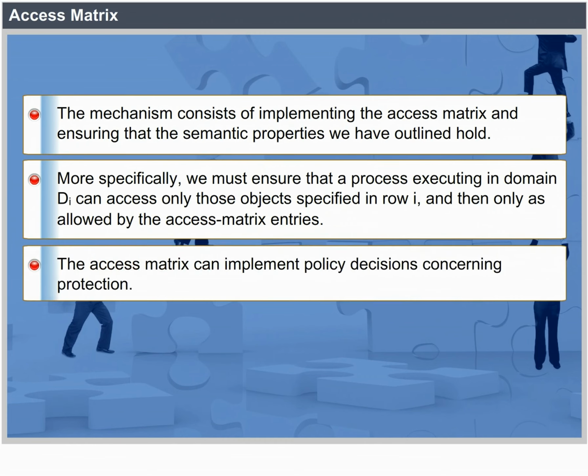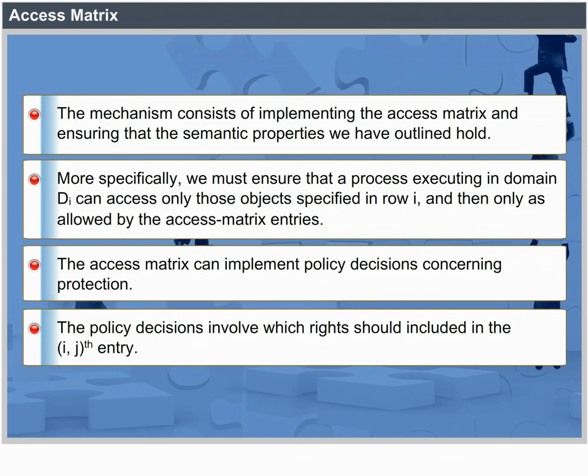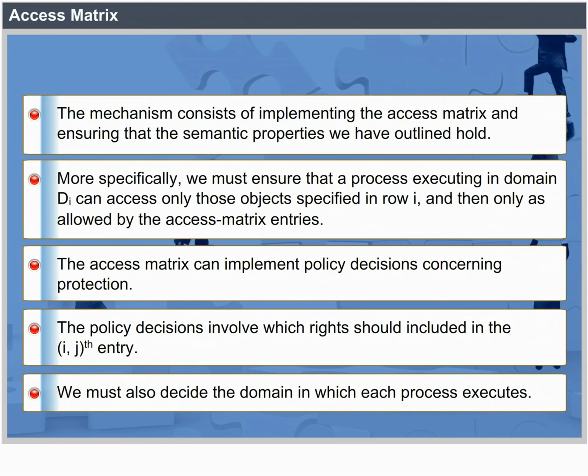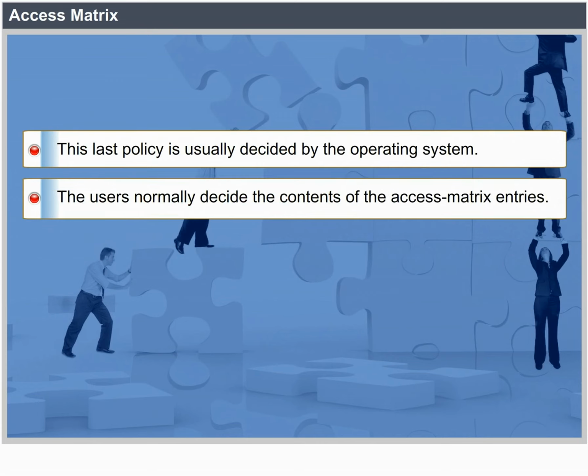The access matrix can implement policy decisions concerning protection. The policy decisions involve which rights should be included in the (i,j)th entry. We must also decide the domain in which each process executes. This last policy is usually decided by the operating system. The users normally decide the contents of the access matrix entries.